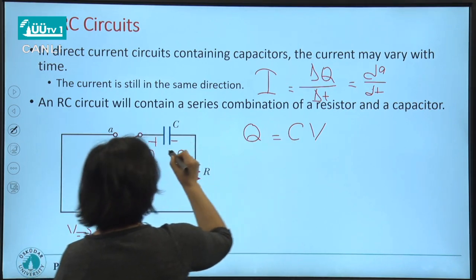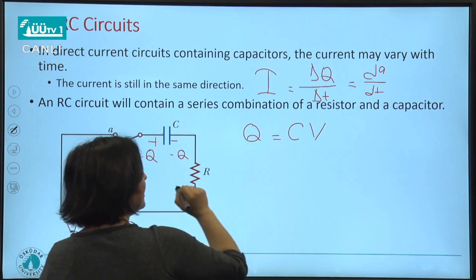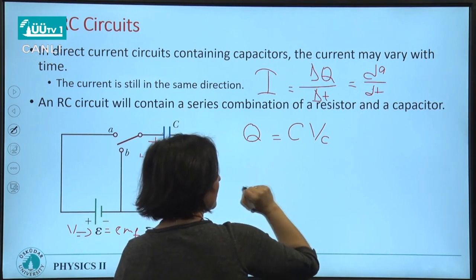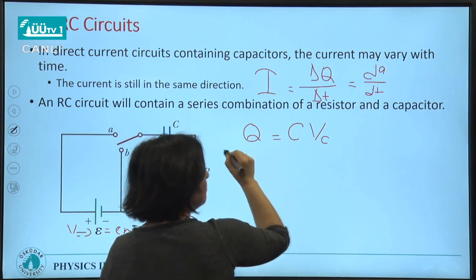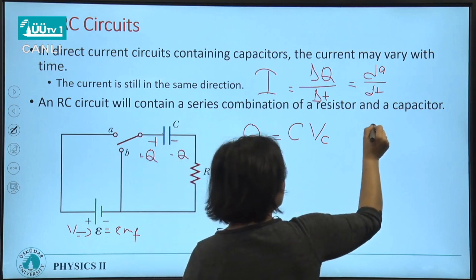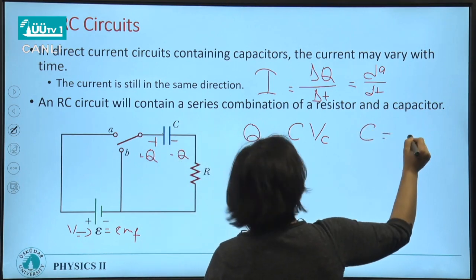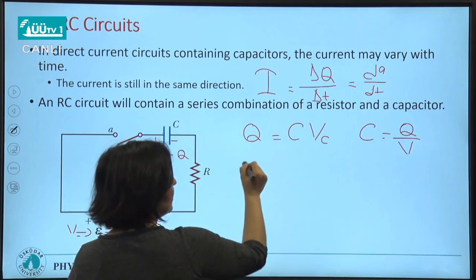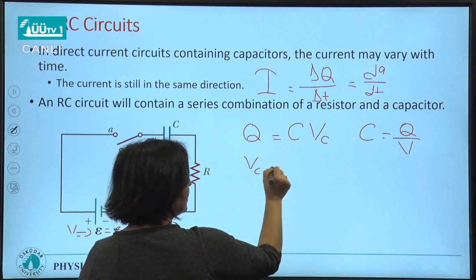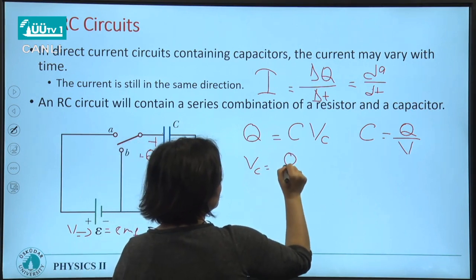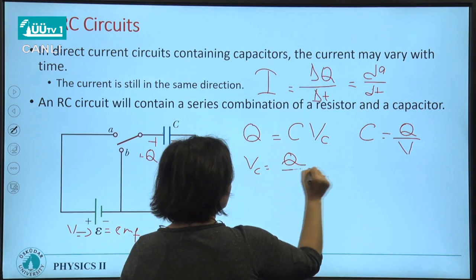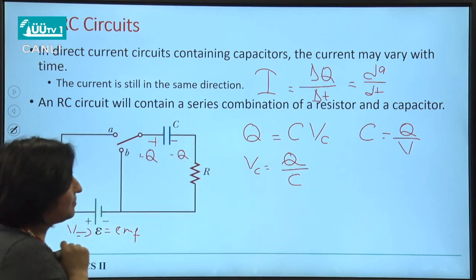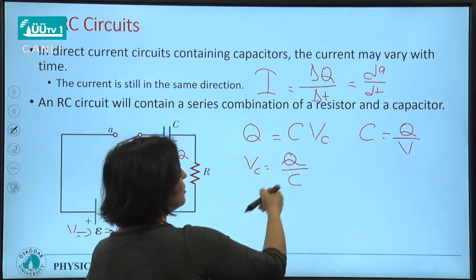Here the potential difference between the plates of the capacitor we call Vc. By using this formula we can also write the capacitance equals Q over V, or if you want to write V, it can be Q over C. So we will use different versions of this formula.